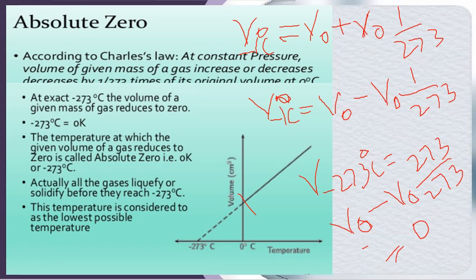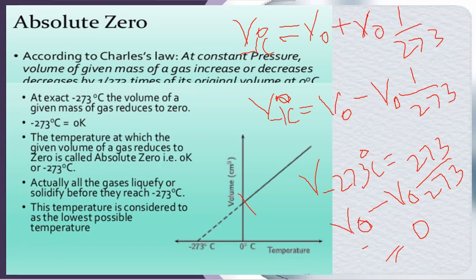So this extra plotting shows that this is the temperature of minus 273 degrees at which the volume of the gas will become 0. But unfortunately, before we reach this temperature, every gas changes from gaseous state to other states, maybe liquid or solid. Means no such ideal gas exists which reaches the absolute 0 temperature at which its volume will become 0.